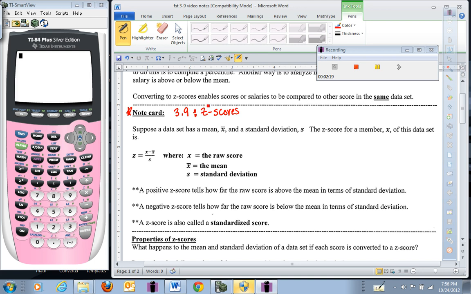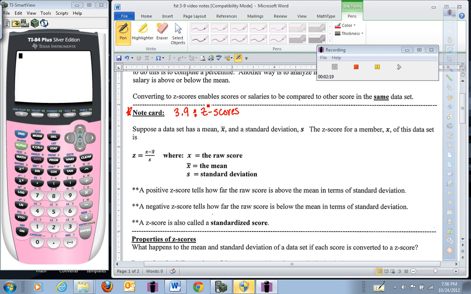So suppose you have a data set, and the mean of the set of data is x-bar, and the standard deviation is s. Then the z-score for any member x of this data set is, and it's just this simple formula, z = (x − x̄) / s, where x is called the raw score, so that would be your score on the test, or your salary, or your time in the 100-meter dash, or whatever the thing is you're trying to find the z-score on.